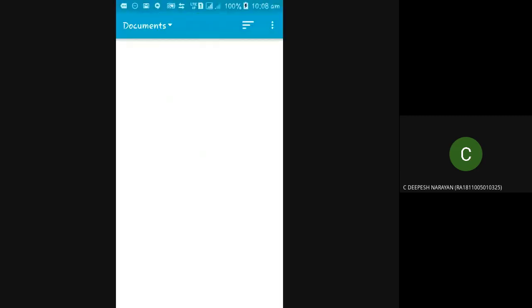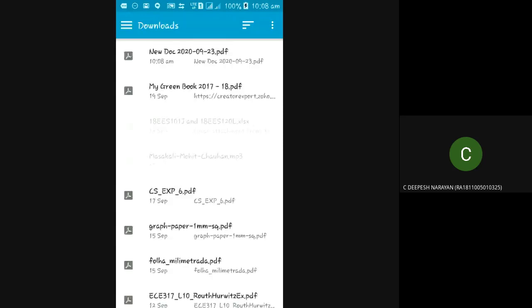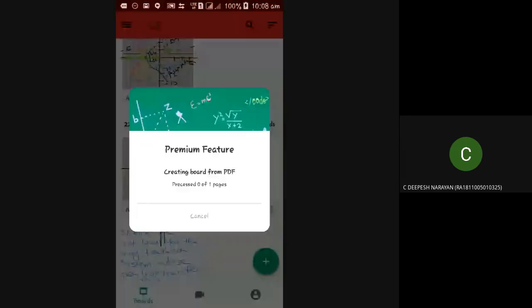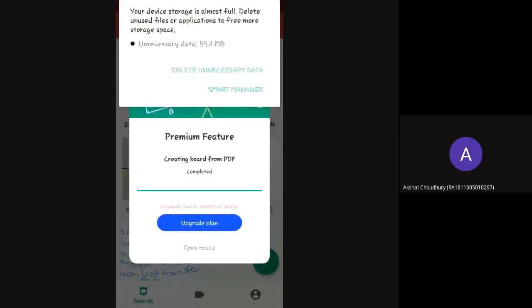Have you got the book for your study? Soft copy? No, ma'am, we don't have a soft copy.